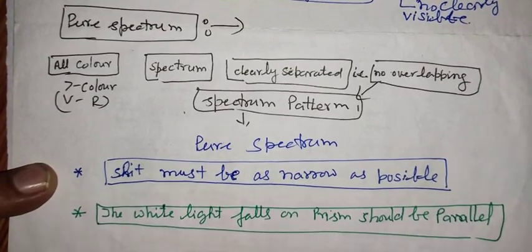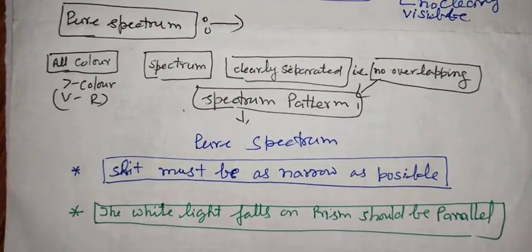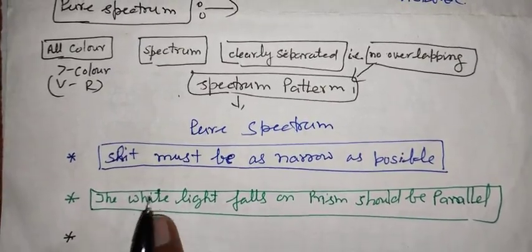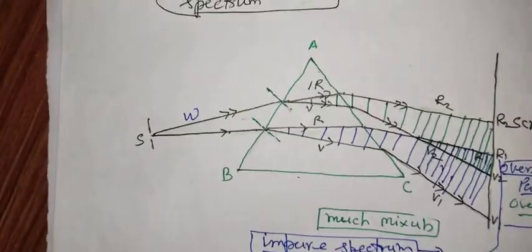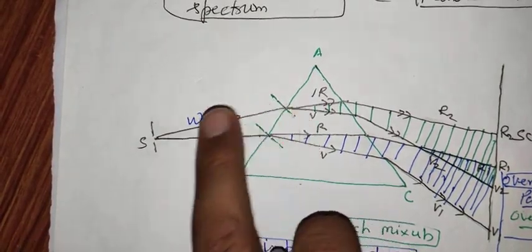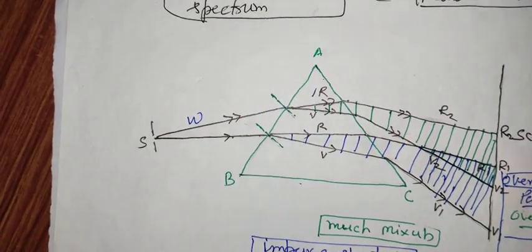This is the second condition. See, the incident ray falling on the prism is not parallel here. It should be parallel.